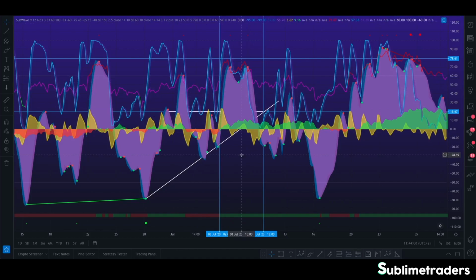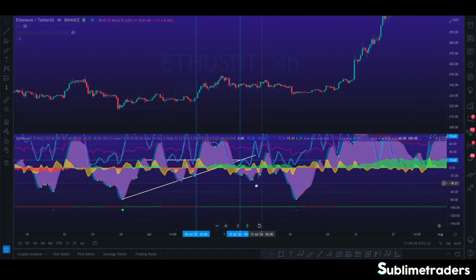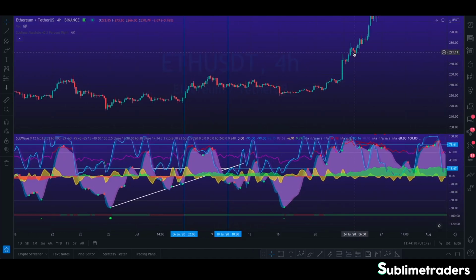Okay, so basically this is the way we use the Sublime Wave indicator, and it is, as you saw, extremely precise for establishing a time length for your trade and potential take profits. However, of course, as you can see in this case, it didn't really plot what we were looking for.